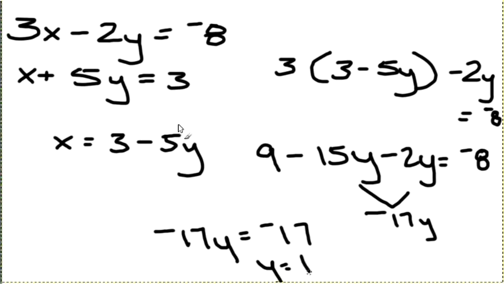And now what we have to do is sub y is equal to 1 back into one of these equations. So let me just clear this out quickly. So we have x plus 5y is equal to 3.